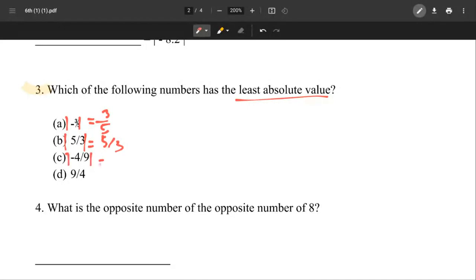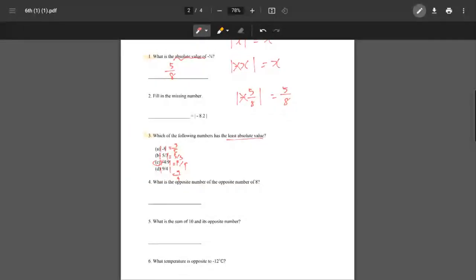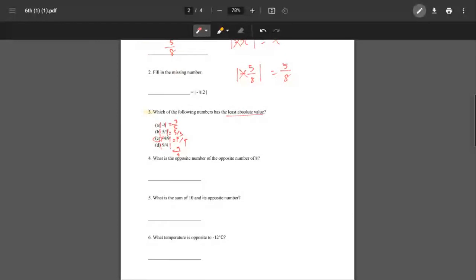The absolute value of negative 4 over 9 is 4 over 9. And then lastly, the absolute value of 9 over 4 is 9 over 4. And so, C has the least absolute value. Okay? So that's it. Try the rest on your own.